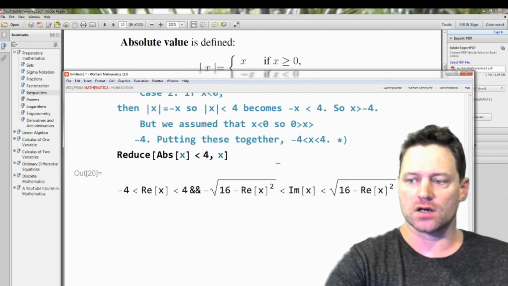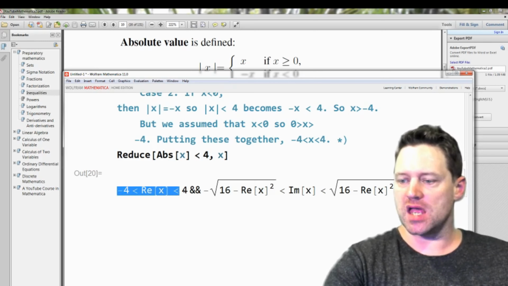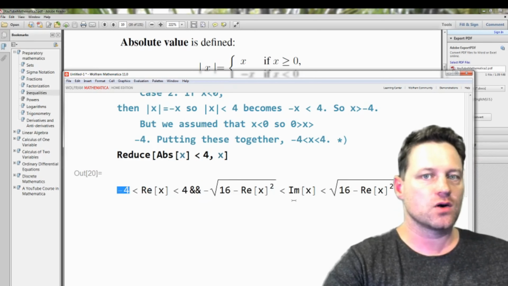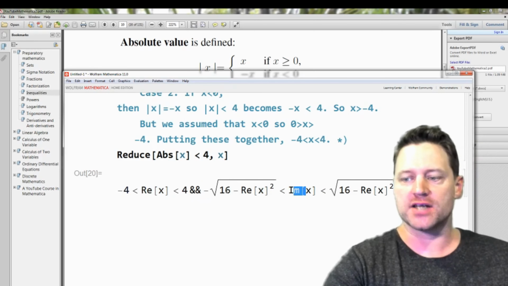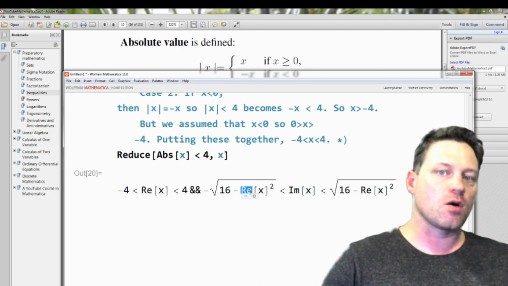So Reduce works, but maybe it's not exactly what you want to see. First thing to notice is that we've got Im for imaginary and Re for real. So it's thinking of this function in a complex sense.